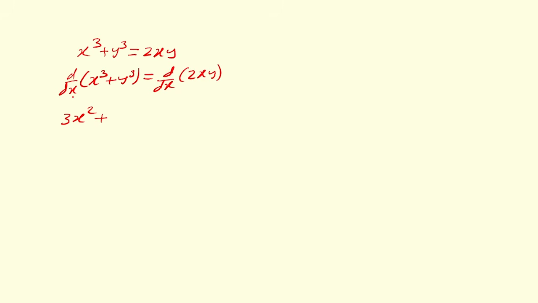So chain rule: d by dy of y cubed is 3y squared times dy by dx. This is equal to, here apply the product rule, with 2x one function, y the other function. So derivative of 2x is 2 times y, plus derivative of y times 2x, so 2x dy by dx.